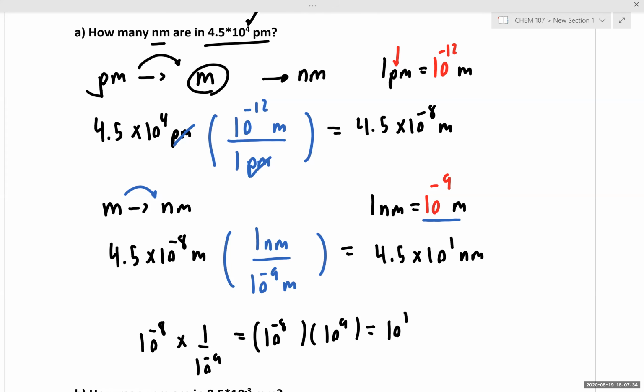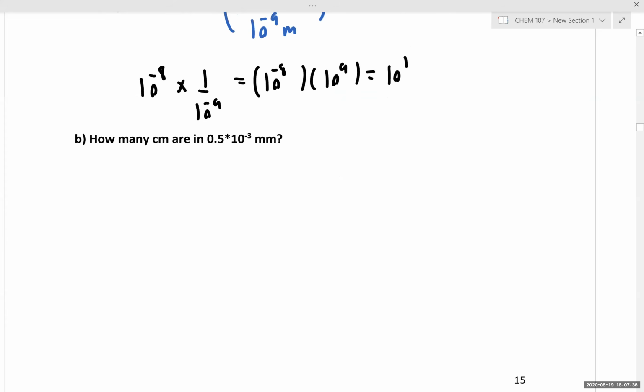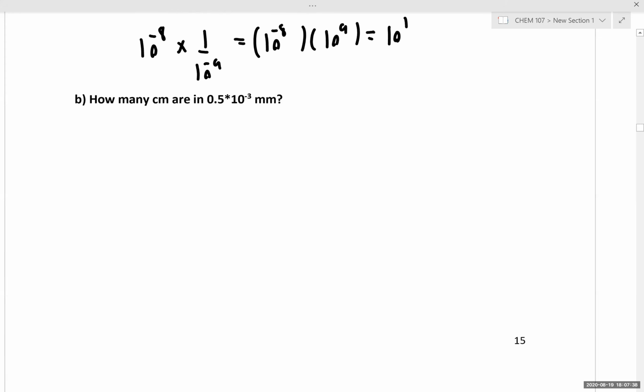So, with that established, I'm going to do one more example. This time I'm going to show you a one-line method. So in this case, we're asked how many centimeters are in 0.5 times 10 to the negative third millimeters.